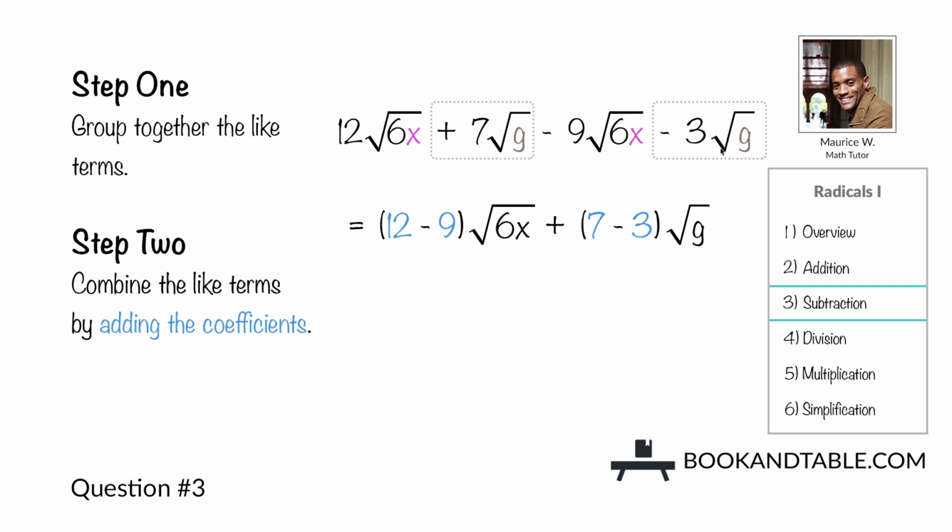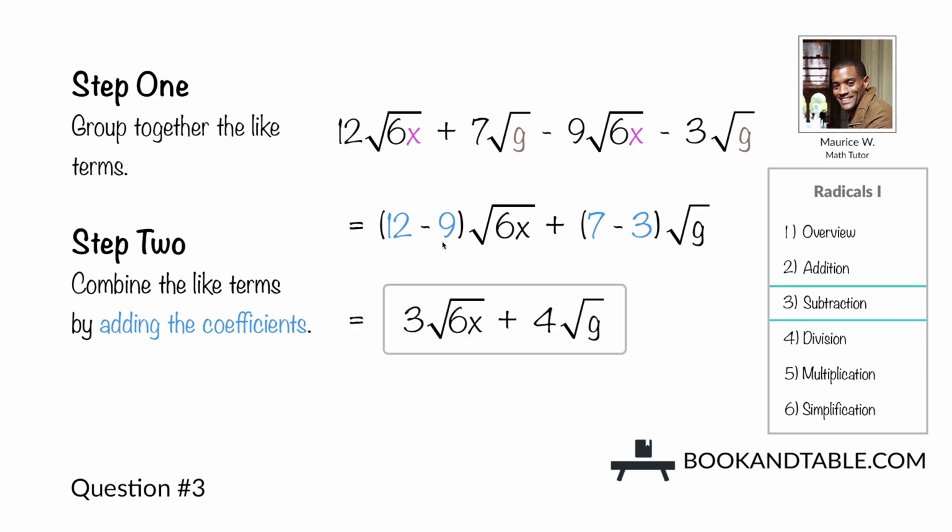So we group those together, positive 7 and negative 3. And then step 2, we combine the like terms by adding the coefficients. So 12 minus 9 would give us 3 radical 6x. And 7 minus 3 would be 4 radical g. So the final answer to question number 3 is 3 radical 6x plus 4 radical g.